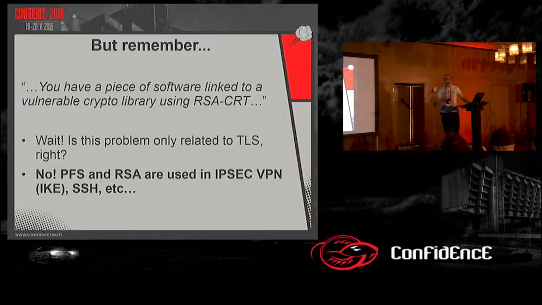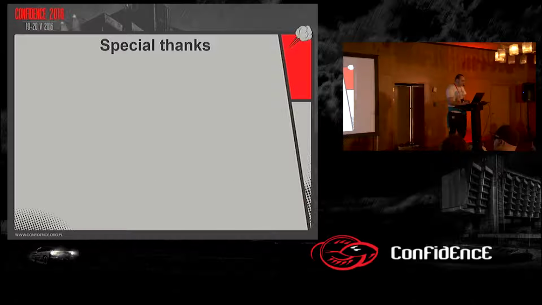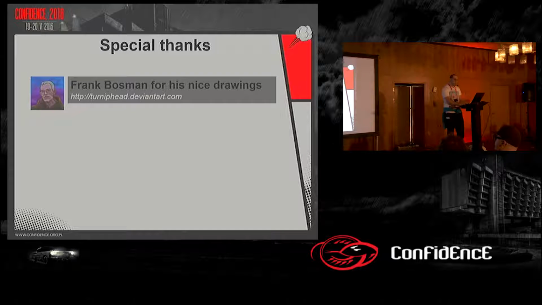But this problem is not only related to TLS, because Perfect Forward Secrecy and RSA are also used in IKE, the Internet Key Exchange protocol, which is part of the IPsec stack, in SSH, DNSSEC, etc. So probably TLS services are not the only ones affected by this problem.